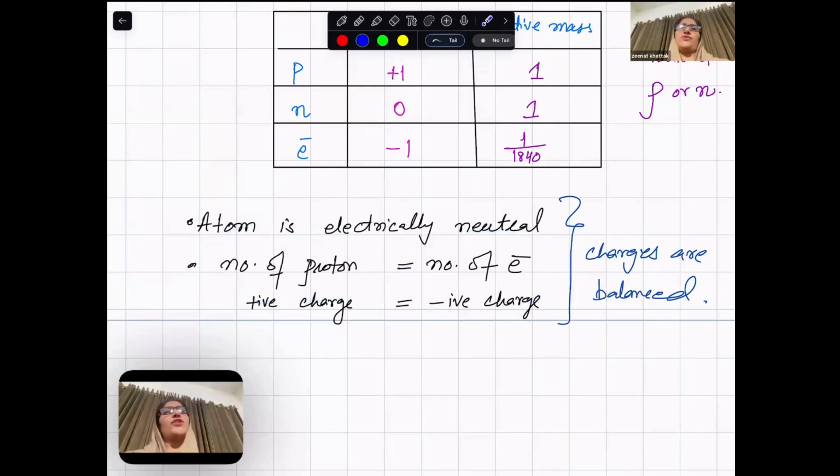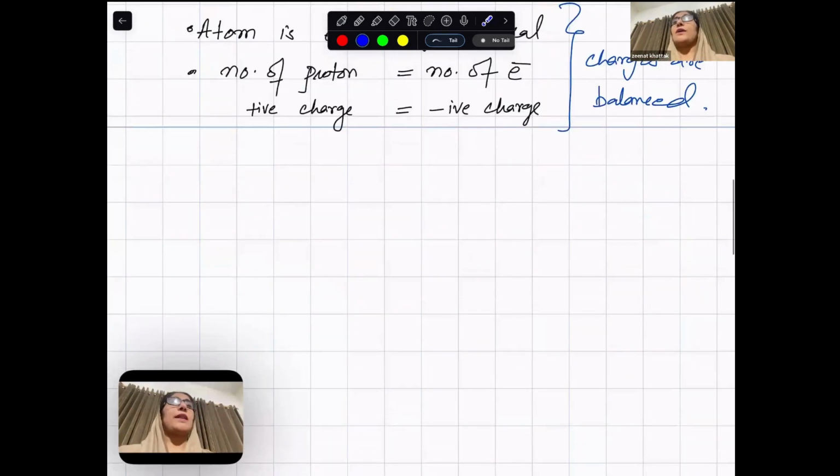Now the question is, we know that the protons are always equal to electrons, but how do we deduce the number of electrons, protons, and neutrons in an atom? Look, there are two numbers. This is the symbol of the element in the periodic table.